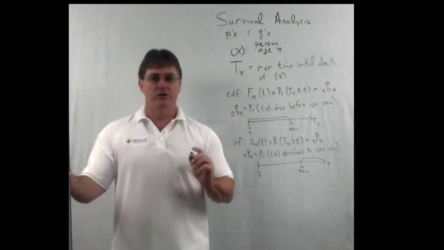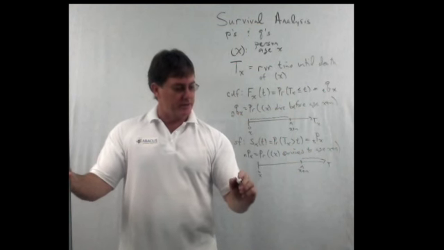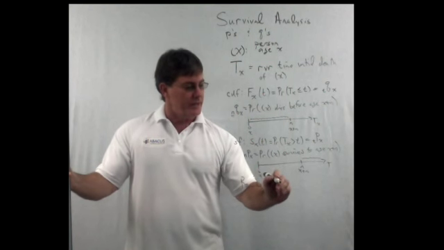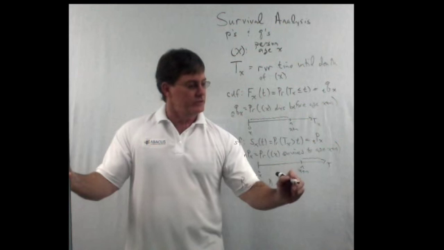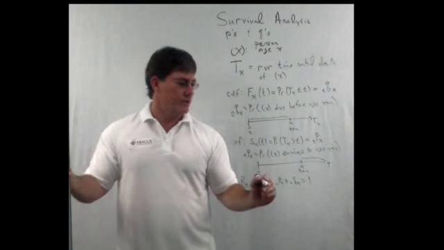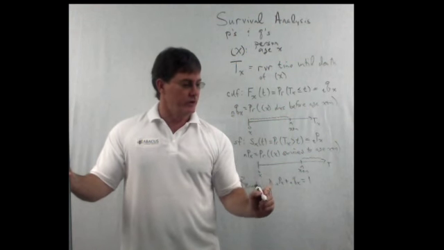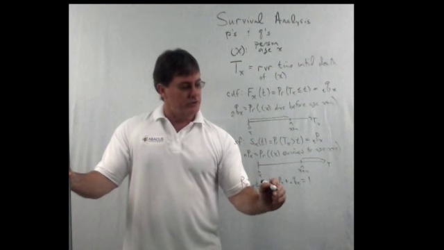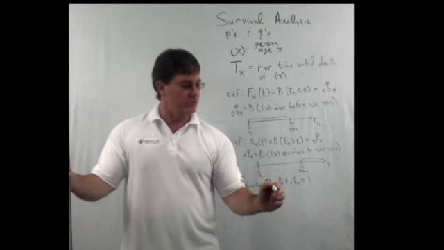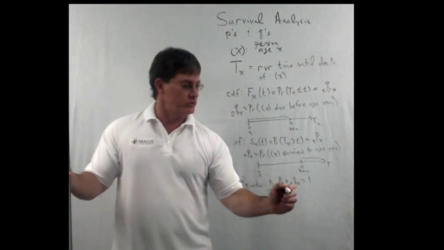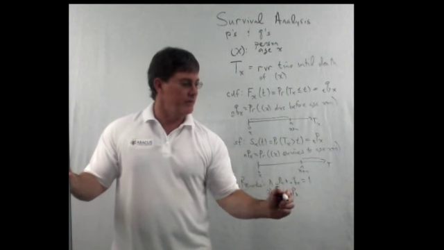Okay, there are 3 remarks that I'd like to make here. Remark 1 is that if you take npx and you add to that nqx, of course, you're going to get 1. You're taking probabilities of complementary events. The second remark has to do with notation, and that is when you see just a px, without a pre-subscript, the pre-subscript is understood to be a 1, so this would be a 1px.